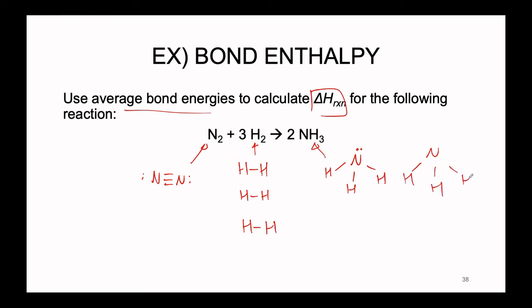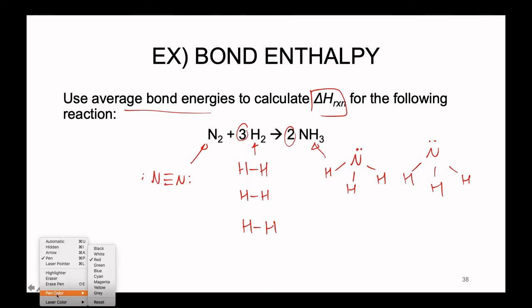Notice that I'm not just drawing one of the molecules, I'm drawing all of the molecules according to our stoichiometric coefficients. This matters because we are not looking at the enthalpies of a molecule, but the enthalpies of the bonds within the molecule.